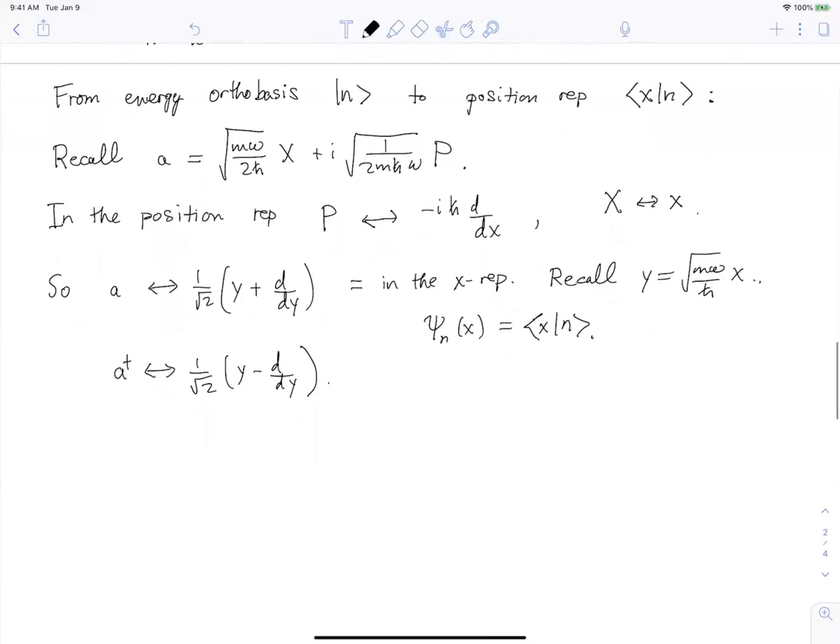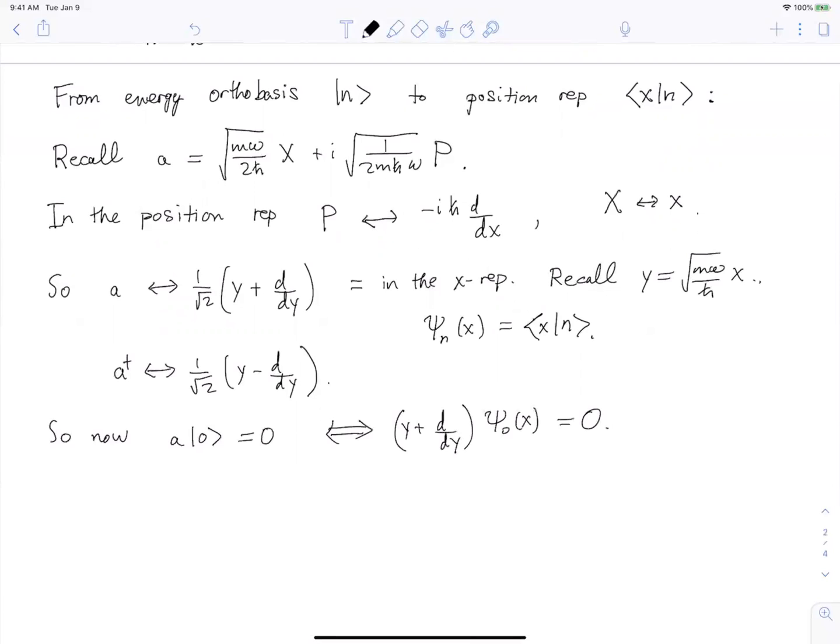Okay, and so now the fact that A acting on the ground state gives 0 becomes, in the position representation, that y plus d by dy acting on the wave function for the ground state equals 0.